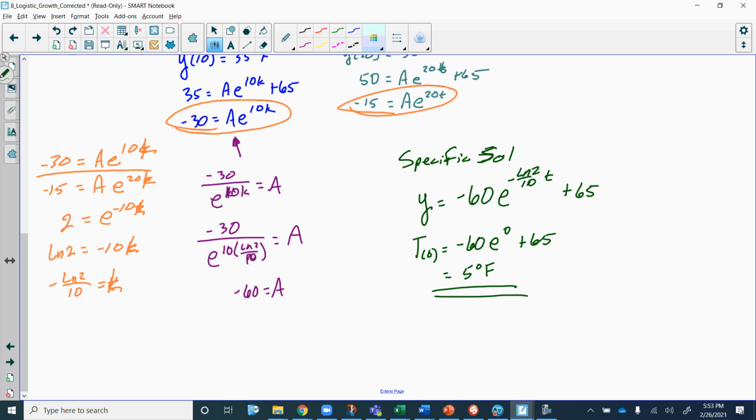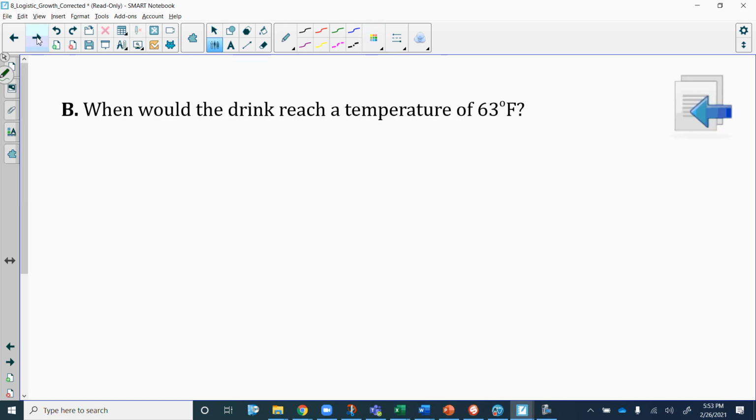Well, the follow-up question related to this: when did the drink reach a specific temperature of 63 degrees? So here we're going to solve the function in terms of time. Now to simplify things on this one, I'm not going to write negative natural log of 2 over 10 each time. I'm going to just write it as k until I'm ready to actually divide with it.